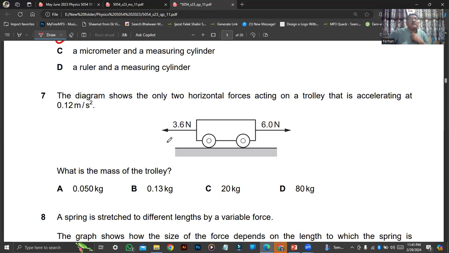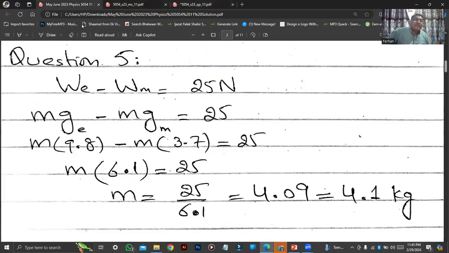That will be 6 minus 3.6, that is 2.4 Newton. Once I know the resultant force and I know the acceleration, I can apply Newton's second law of motion, F equals ma, and find the mass.